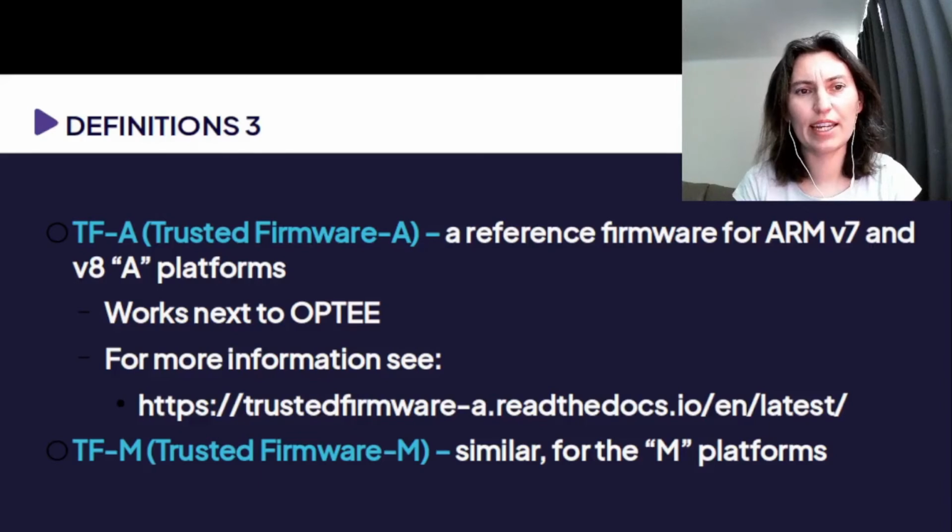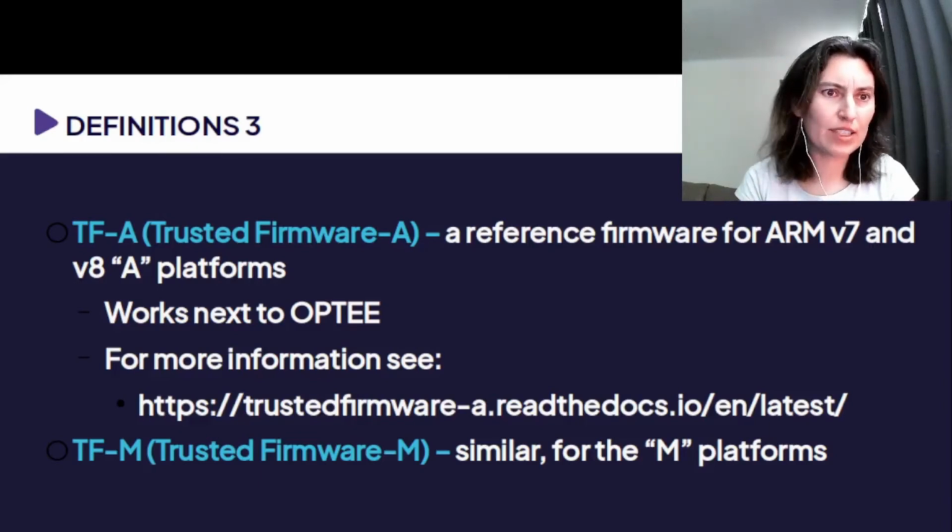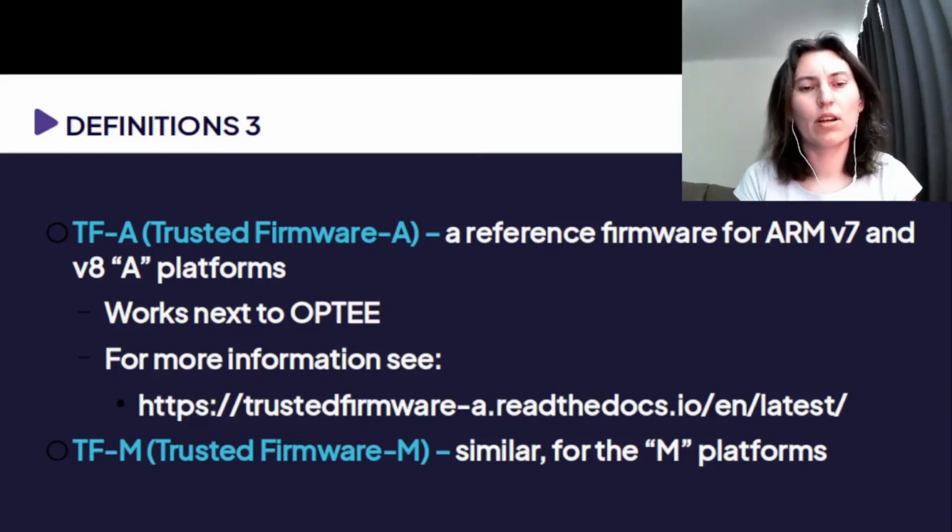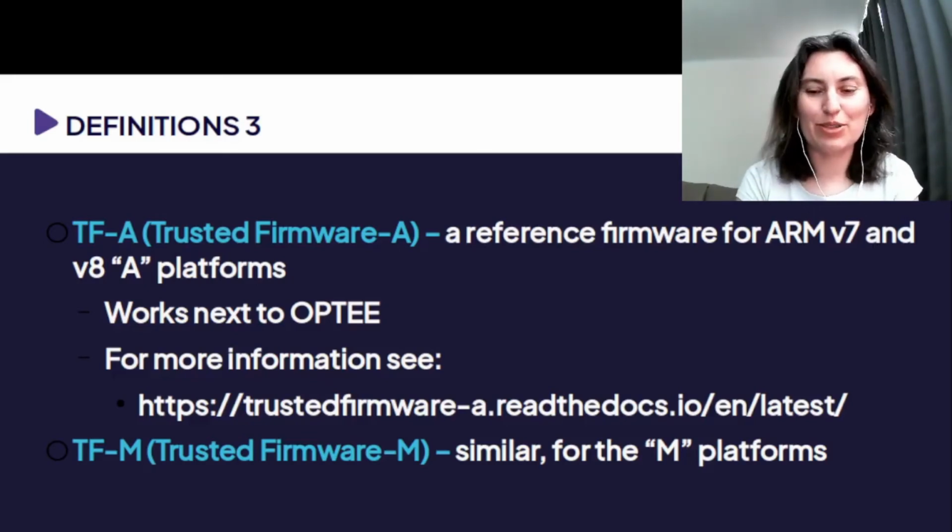And TF-A is expected to work next to OP-TEE and supply it with the hardware operations. Of course, as for any open source project, there's documentation that you can look into and see the details of the implementation and how it works.